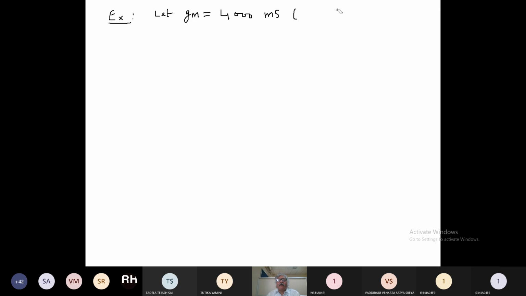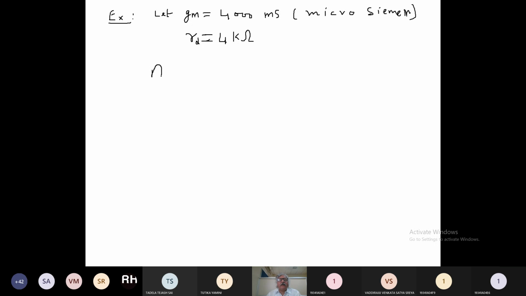Those micro ampere per volt units we have seen when we solved the numericals in h parameters. And the value of RD, in a practical case I have taken, generally comes around 4 kilo ohm.